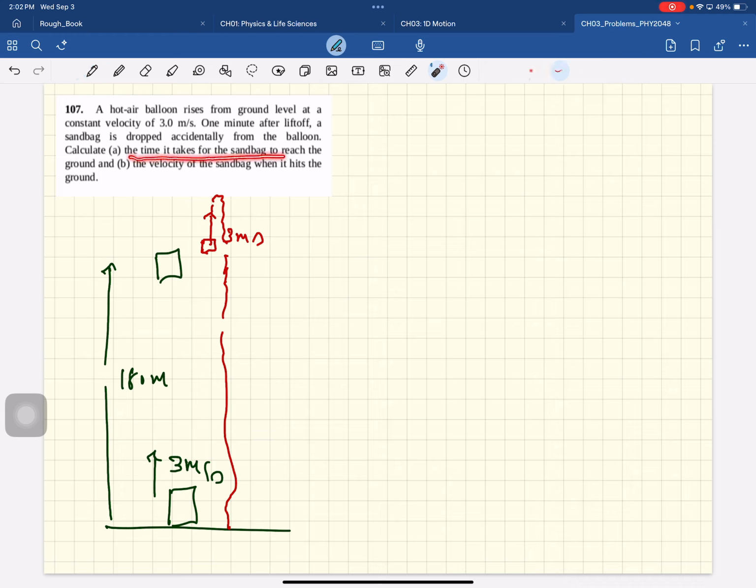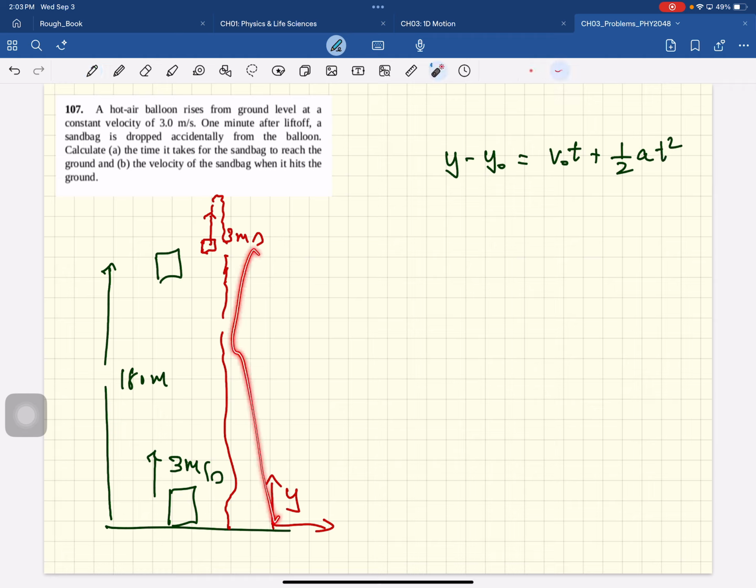Calculate the time it takes for the sandbag to reach the ground. So we'll calculate this time. Again, we'll set up our axes, and we are just calling this the y-axis.